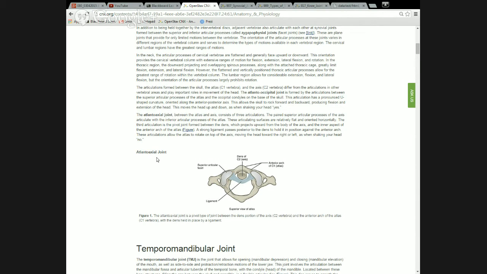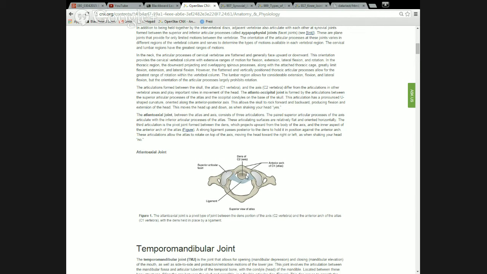atlantoaxial joint. That's the joint between the first and second vertebra, which are these two right here, and it makes it possible for you to shake your head no. There's actually a little bit of bone sticking up out of C2 axis, which is the physical axis of rotation.